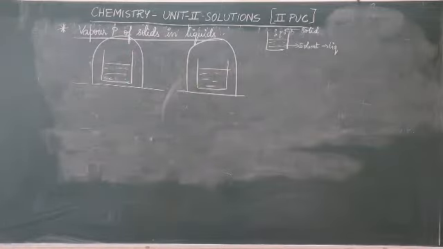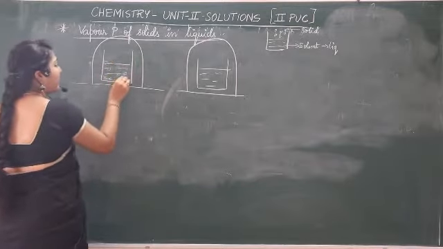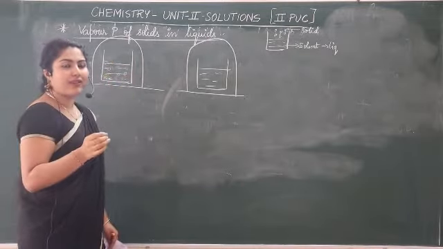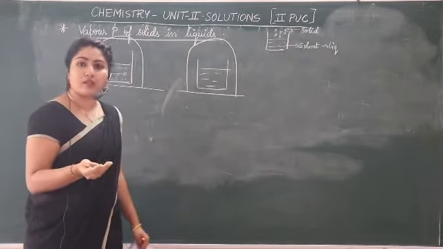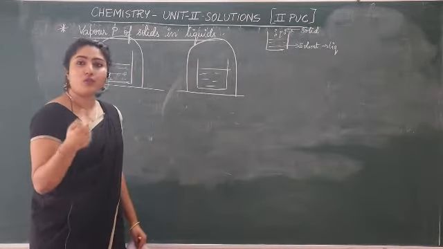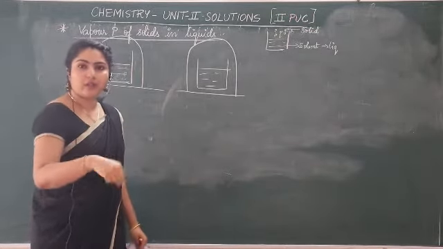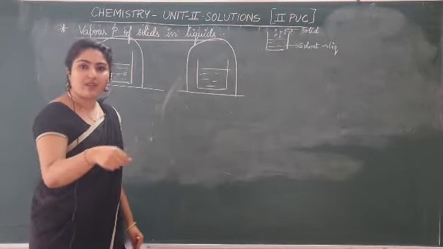I'll use two different colors to tell you that one is a pure solvent. This is a pure solvent here. Pure solvent means, for example, for solid in liquid, you say sugar solution, sugar dissolved in water, or urea solution, urea dissolved in water, or sodium chloride solution, sodium chloride dissolved in water.